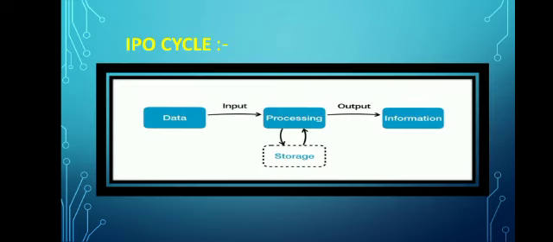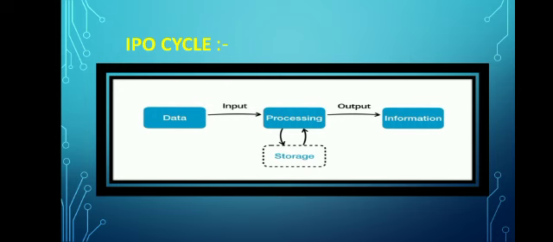Now we are going to discuss the IPO cycle in computer. In the figure you are seeing data, processing, information. It means the computer accepts data as input.